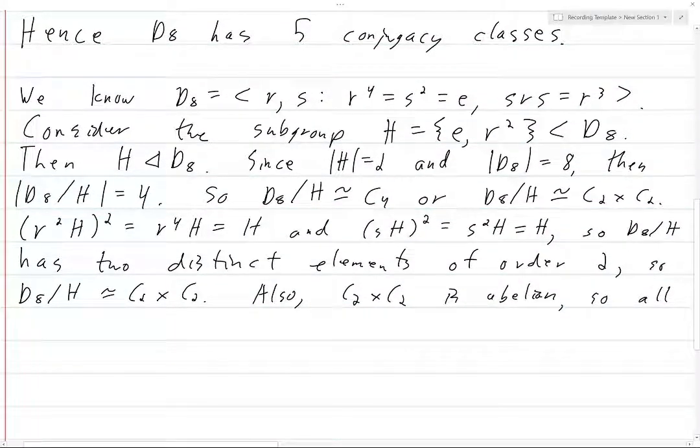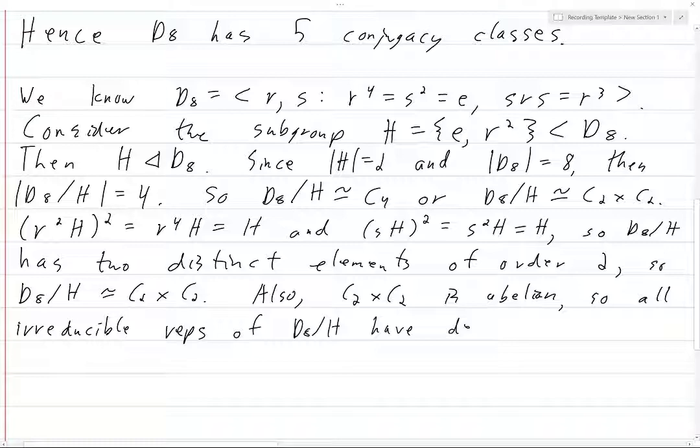So we want to know about representations. We have an abelian group, and so all irreducible representations of D8 mod H have degree 1.